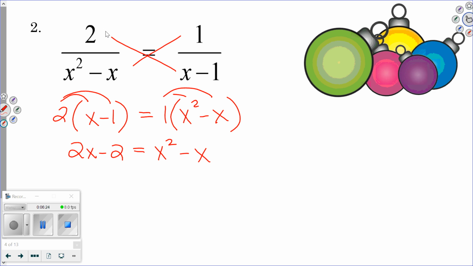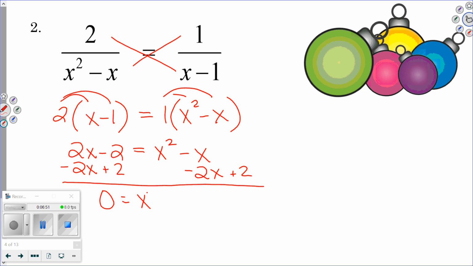You could use quadratic formula, or what's regular factoring? I would try to factor it first. To me, that's faster. But yeah, anytime, guys, we have an x squared, we got to set that equal to 0. Now, Courtney said something about taking the square root. That's fine if your b term goes away. In this case, it's not going to go away. So if I subtract the 2x over here, and I'm going to have to add the 2, right, we get 0 equals x squared minus 3x plus 2.